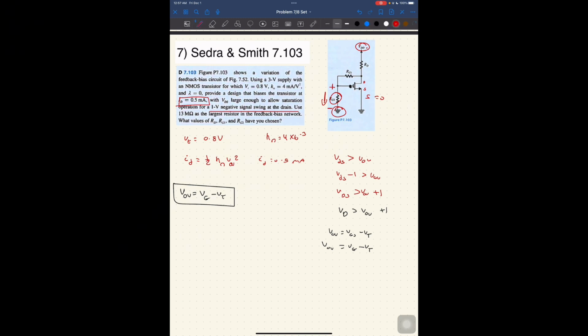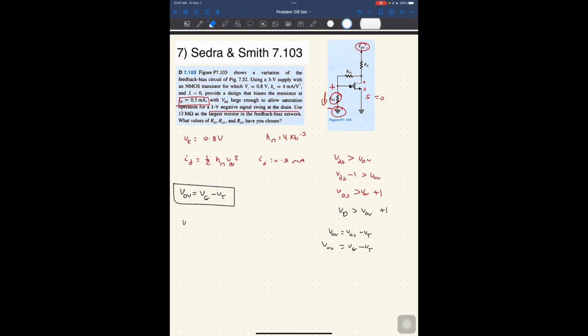We can easily prove it if we use the T model, where this is your drain, and this is your gate, and this is your 1 over gm, and this is your gm VGS, and we can show that the current entering here is countered by the voltage here. But in any case, just trust me on this.